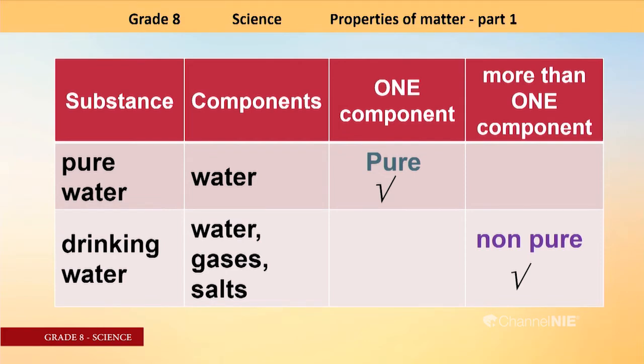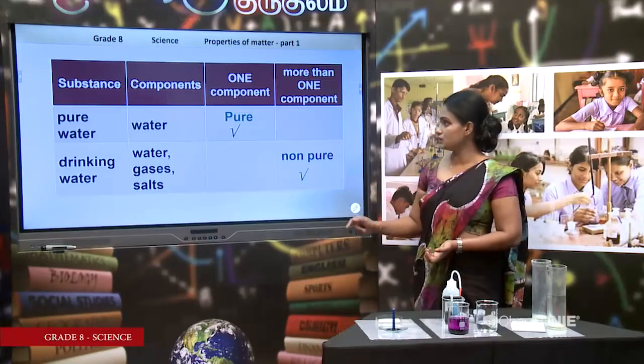That means if only one component is there, we can consider it a pure component. That is why pure water is considered a pure one. In the second case, non-pure means if more than one component is there, we can take them as non-pure components. Shall we take another example?